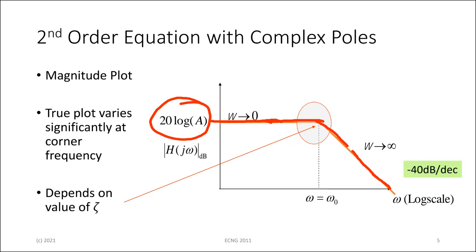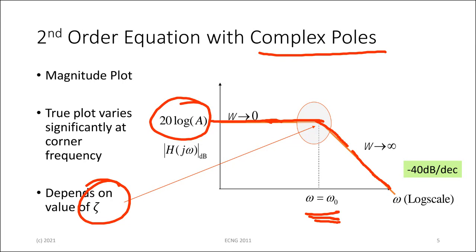But the problem is that this one has a complex pole. It's not a simple pole, and it has a little factor inside of there, which is zeta, the damping factor. So we need to see what happens to that transfer function at this point here at omega equal to omega 0 as we vary zeta.